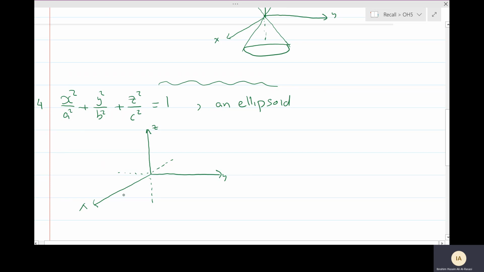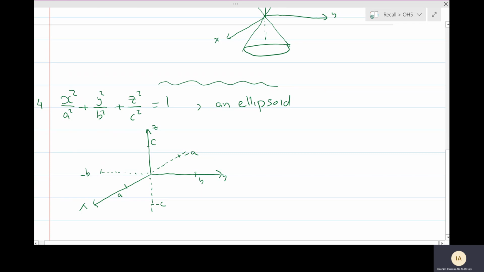So this is a, and this is minus a. What is the y-intercept? You set x and z to 0, and you get b and minus b. What is the z-intercept? You set x and y to 0, and you get z equals c and minus c. So this is c, and this is minus c.